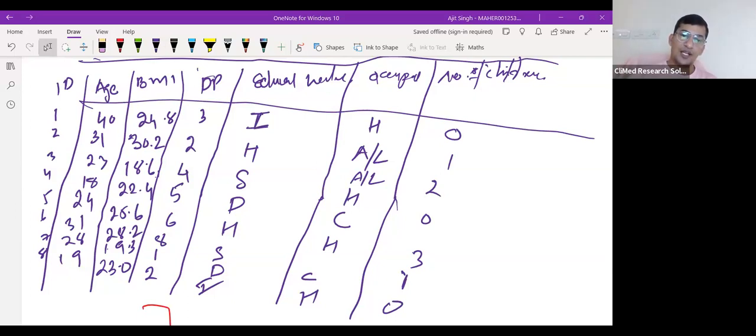Age, BMI, duration of pregnancy. Anything else? So according to you there are three: age, BMI, and duration of the pregnancy. Yes, age is continuous data, BMI is continuous data, and duration of the pregnancy could be one of the continuous type of data. You are absolutely right. Number of children, let me come to that.